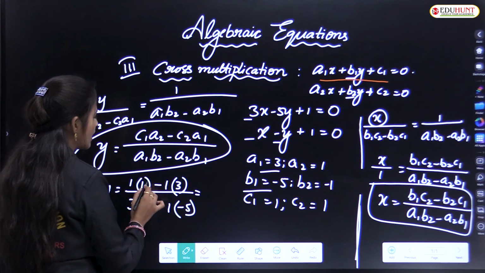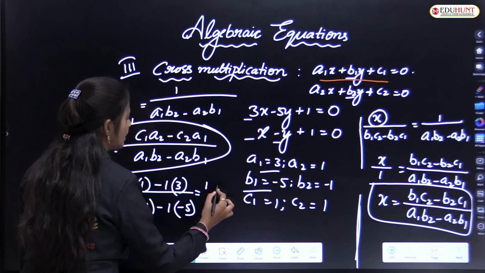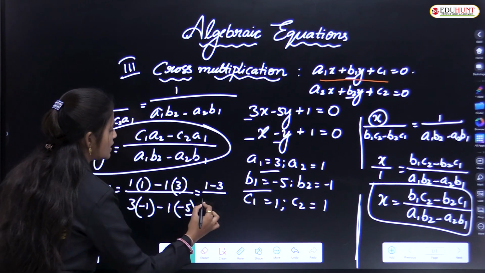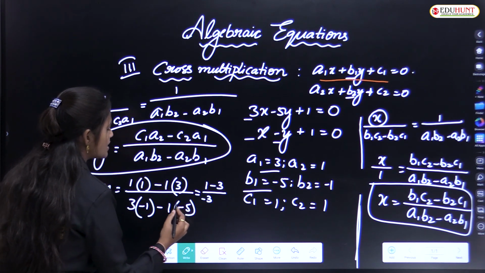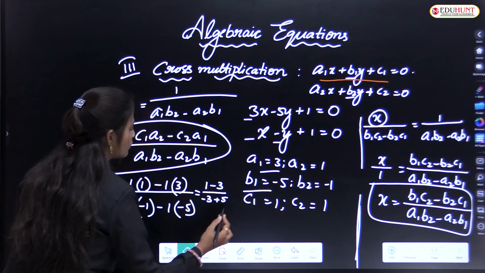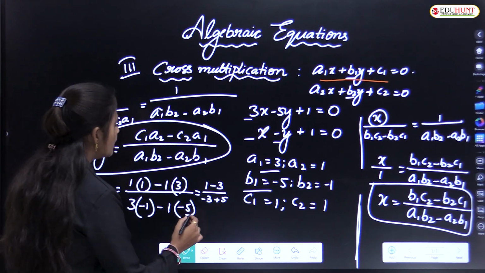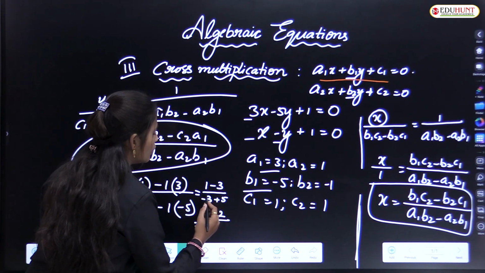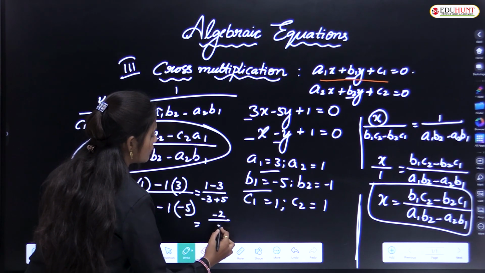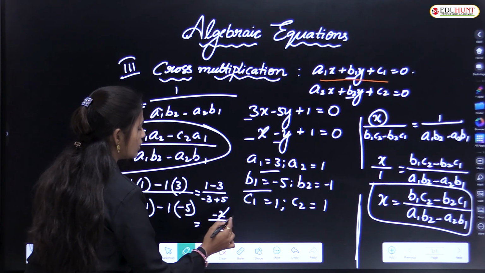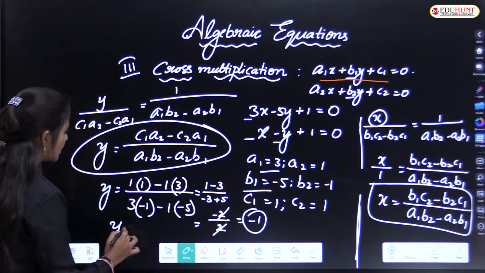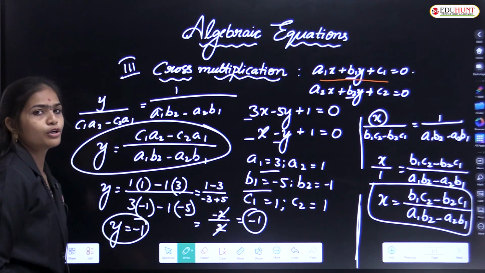So which is equal to 1 into 1, 1 into 3, that is 3, which is minus 3, whole by 3 into minus 1 is minus 3, minus into minus is equal to plus, 5 into 1 is equal to 5. Okay, so which is equal to 1 minus 3 is equal to minus 2, whole by minus 3 plus 5 is equal to plus 2. So 2 and 2 get cancelled, which is equal to minus 1. So here y is equal to what is that value? y is equal to minus 1.